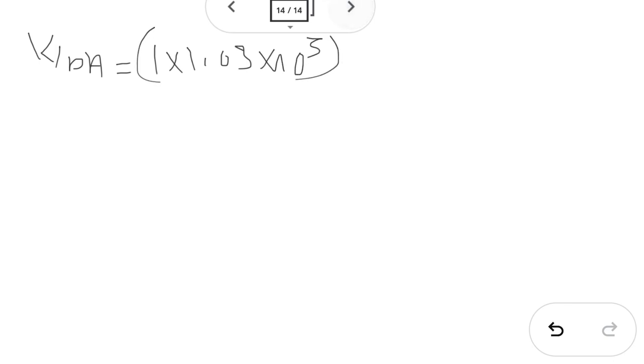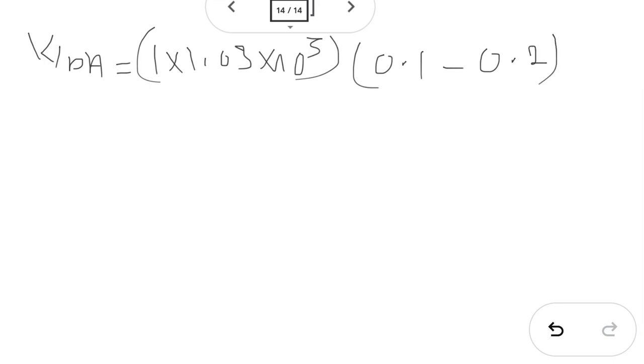During process DA, the work done is going to be the pressure. What was the pressure during process DA? We had 1 multiplied by 1.03 times 10 to the 5, and the change in volume there, because we're moving from D to A, the final volume is going to be 0.1, and the initial will be taken as 0.2.